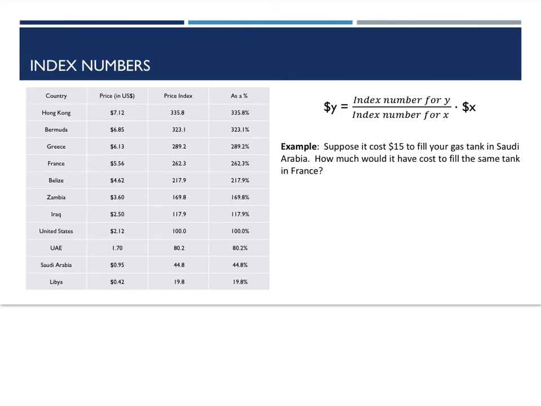One more time if you'd like. Pause me and see if you can do this on your own. $15 goes to the right. It's $15 in Saudi Arabia. Index number for Saudi Arabia goes on the bottom because these two are linked. I want to know how much it would cost me to fill up in France, so I go to France in the chart.